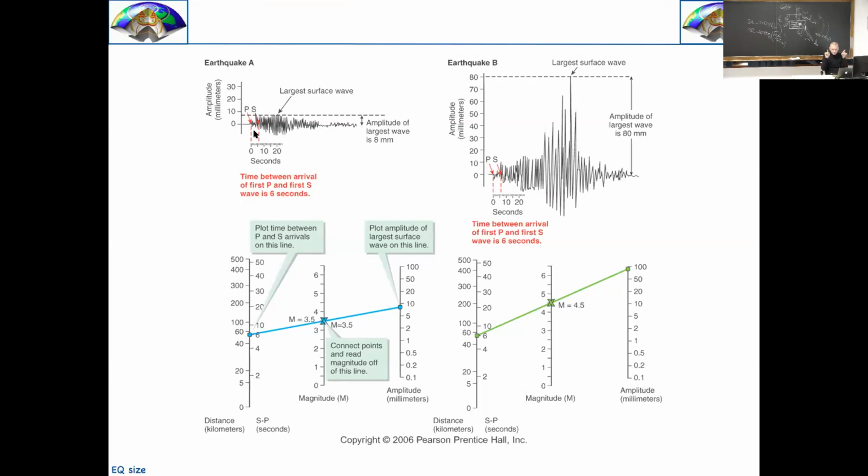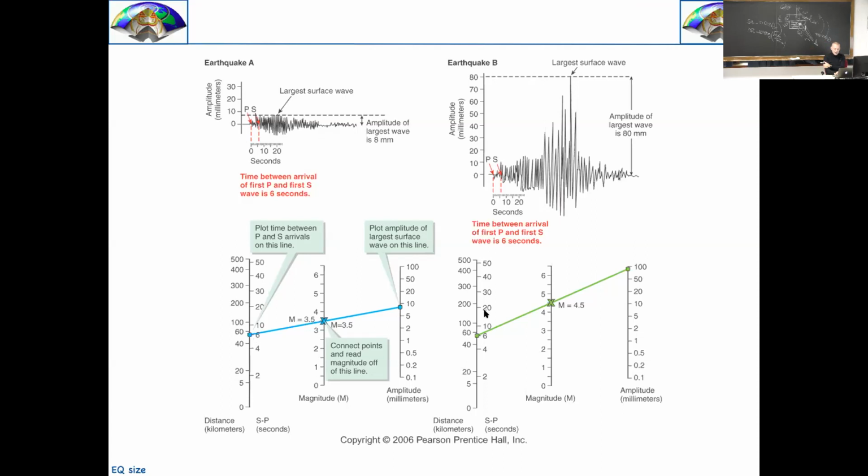He says, now let's take the peak amplitudes. Let's take this time, convert it into distance, and say that these two events have the same distance because they have the same TS minus TP.